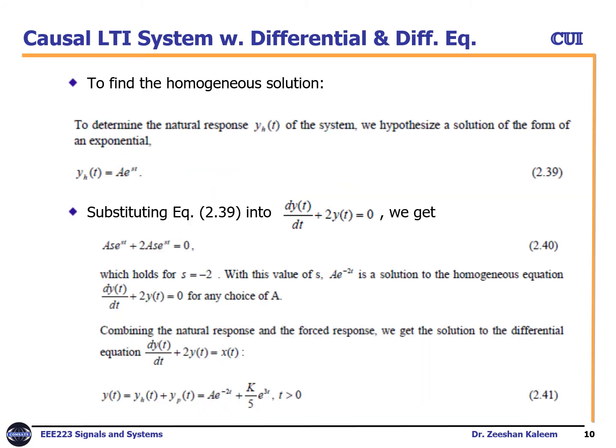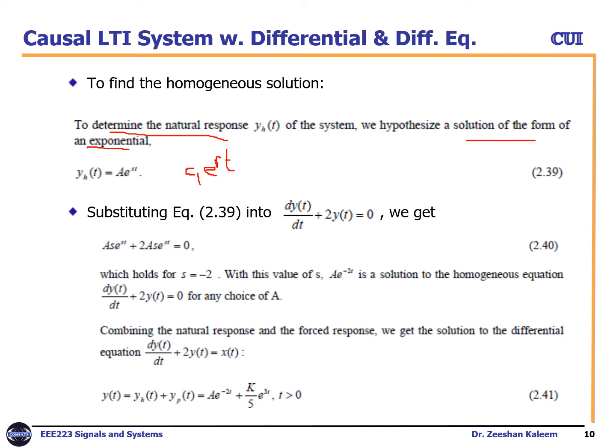Now find the homogeneous solution. To determine the natural response of the system, homogeneous or natural, we hypothesize a solution of the form of an exponential. As we discussed, we can write c1 e^{rt}, right?